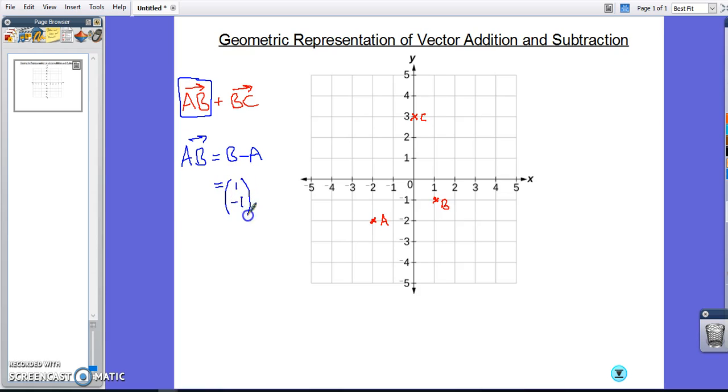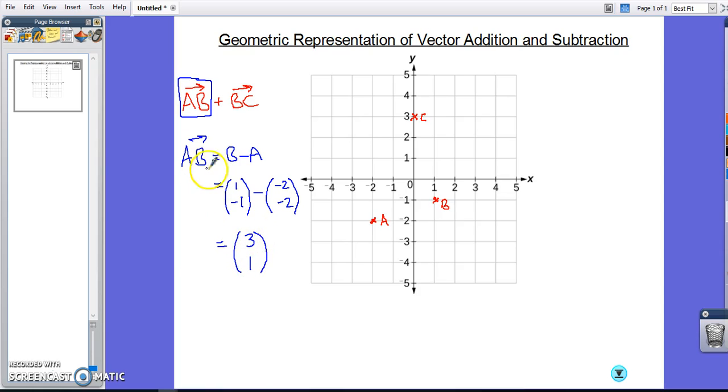And I can write them as a column if I want to. And the coordinates of point A are negative 2, 2. So to find the vector from A to B, I just need to calculate 1 minus negative 2, which gives me 3, and negative 1 take 2, which gives me negative 3.